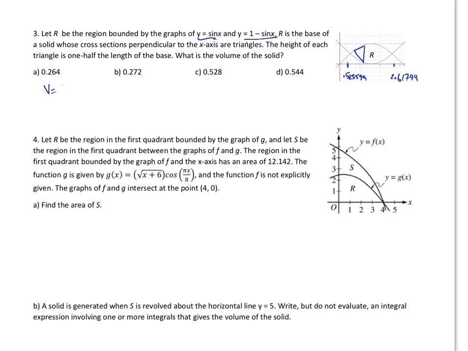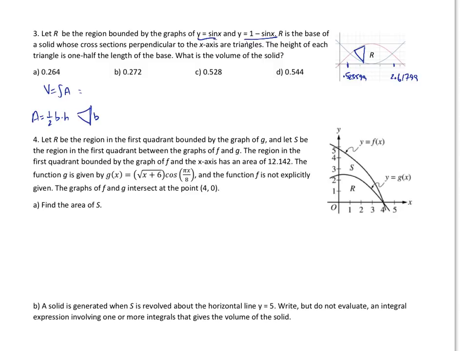We know that the volume is the integral of the area, and in this case we have the area of a triangle, and the area of a triangle is 1/2 times the base times the height. This triangle that comes out of the paper that looks like this, the base is going to be our top equation minus the bottom equation.